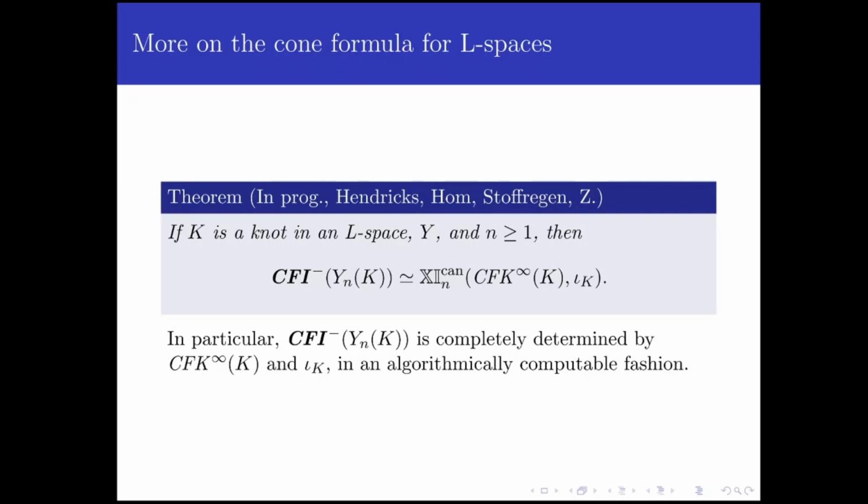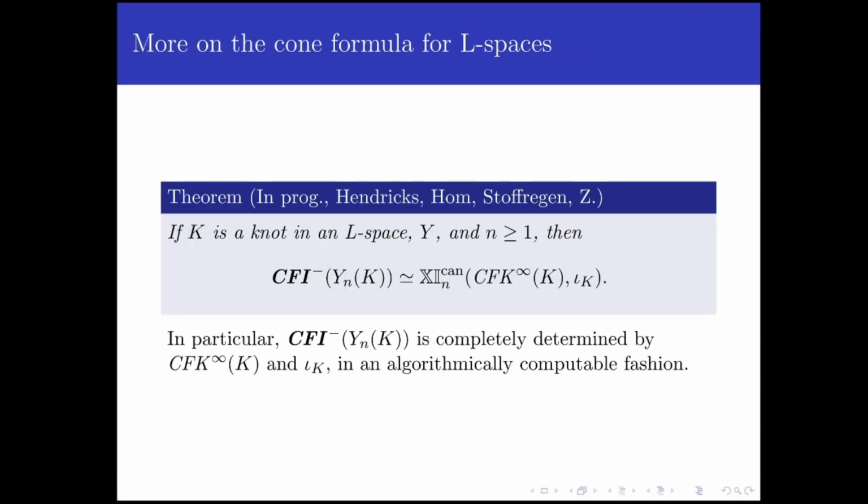In particular, CFI minus is just determined by CFK infinity, and we give an algorithm to compute it that's not that complicated. In the second part of the talk, we will describe how to compute this and what the canonical model of the cone is. But for now, we'll end the first part of this talk with an application.